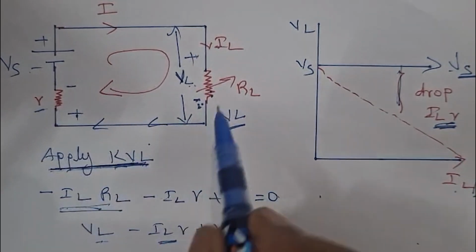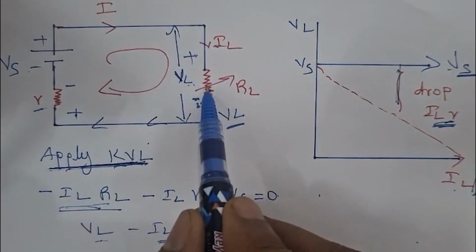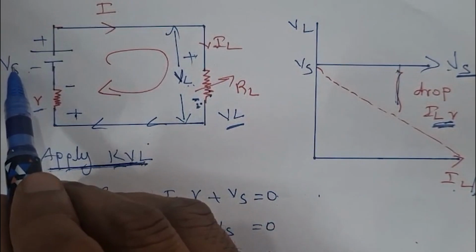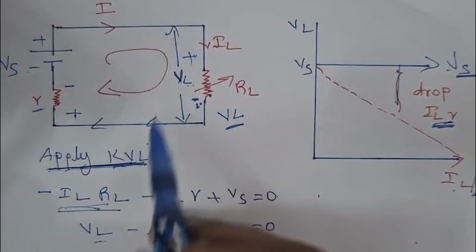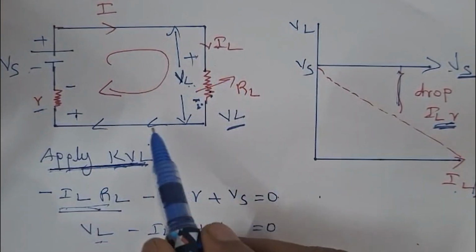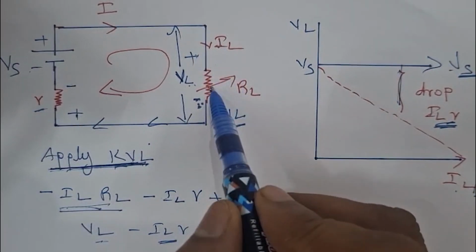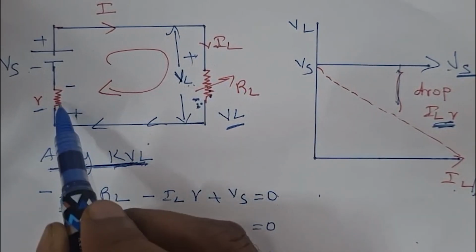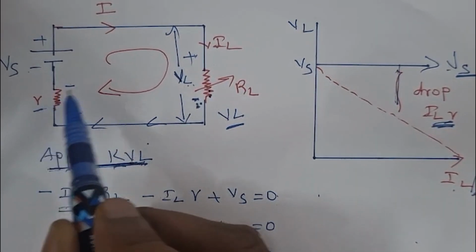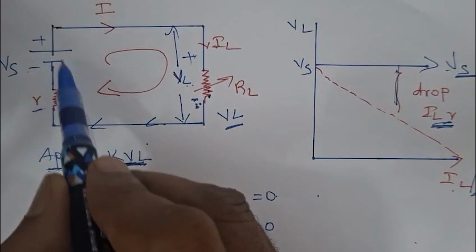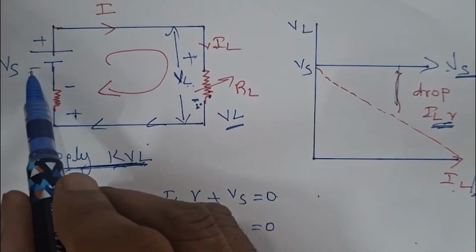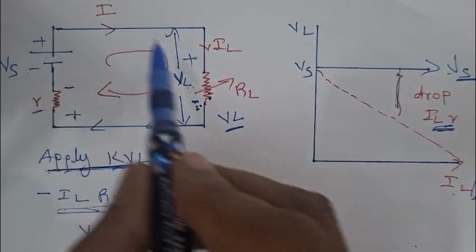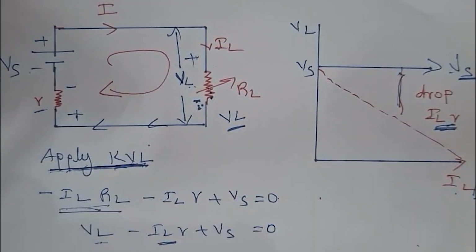The voltage law says that the sum of the algebraic voltage drops plus voltage sources in the circuit is equal to 0. What are the voltage drops? IL into RL is one voltage drop. The same current passes through like this, IL into small r. This is another voltage drop. These drops plus the voltage source, and only one voltage source is there, all equal to 0 in a given circuit.